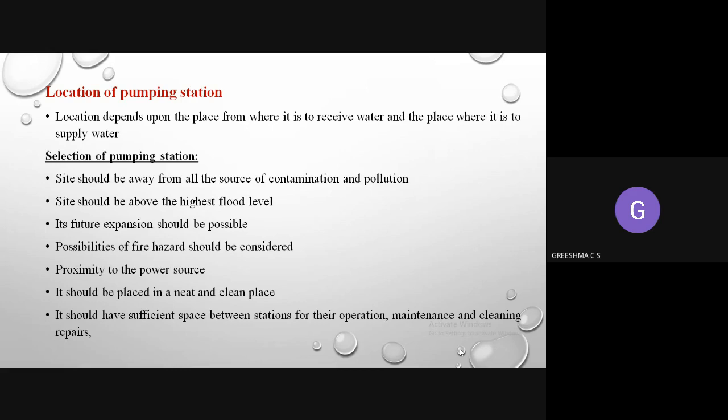So where to locate this pumping station depends on from where the water is received and to where the water is supplied.